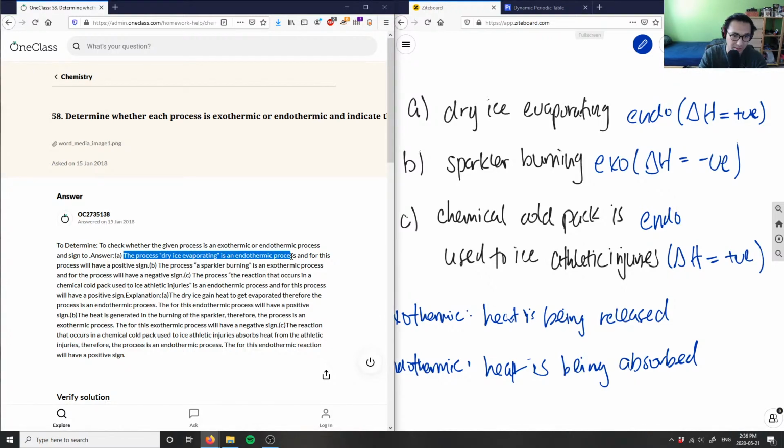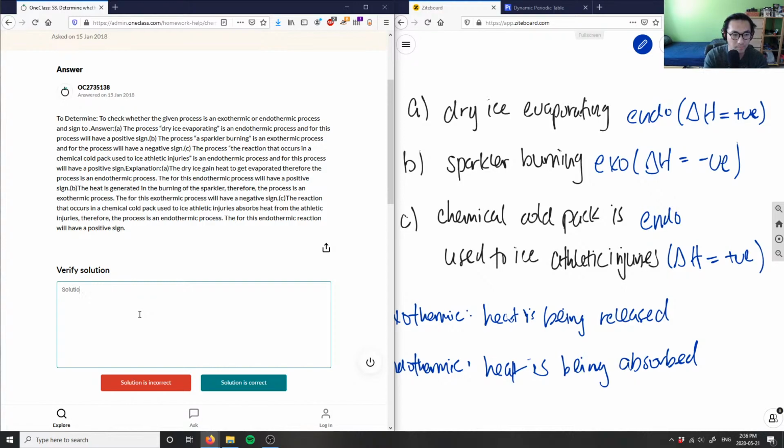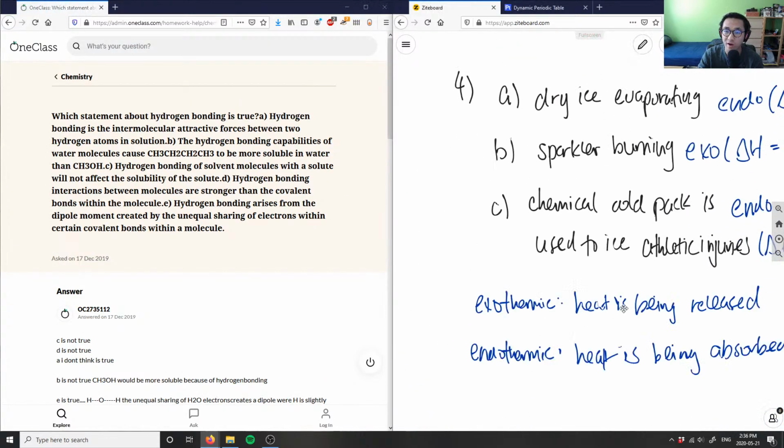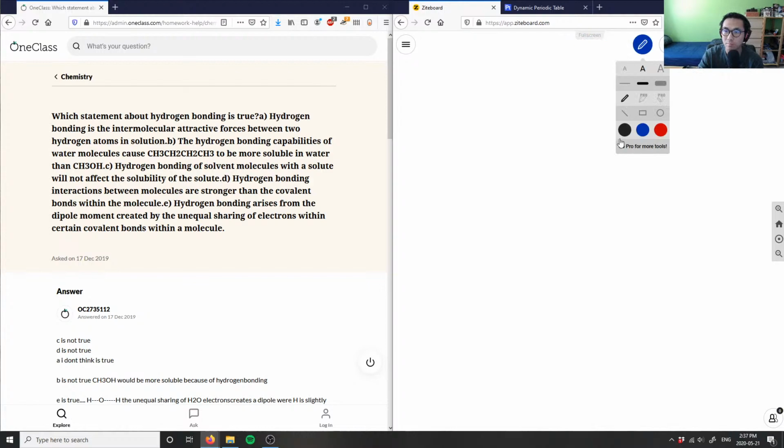Dry ice evaporating is endothermic, so that's good. The dry ice gains heat to get evaporated, therefore it's endothermic. Sparkler is exothermic, which is good, and endothermic for the ice pack. So the solution is correct. That's good. Let's look at number 5. It's asking which statement about hydrogen bonding is true.